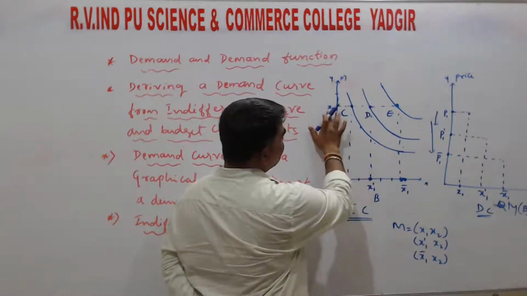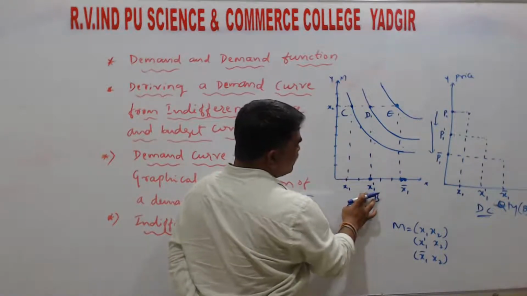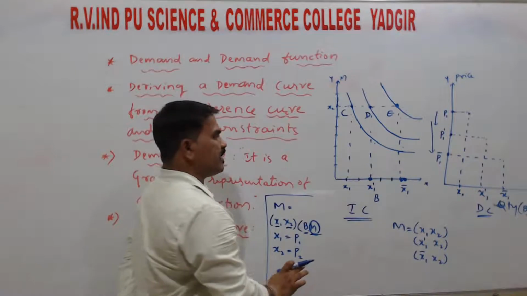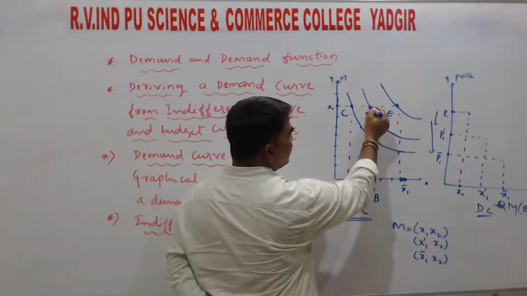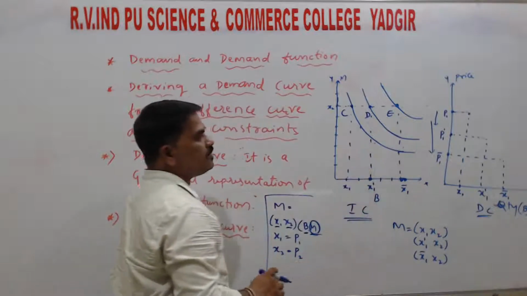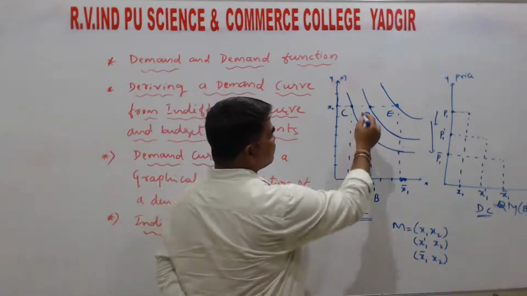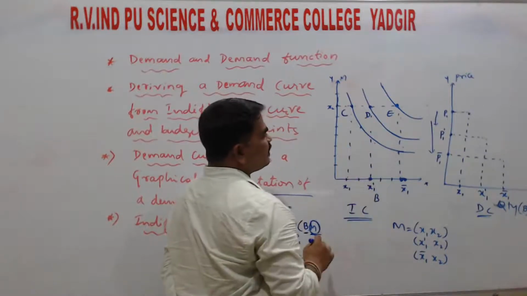The quantity of mango remains the same, but if we check the quantity of banana, there is an increase. That is why he will go with this bundle, which gives him greater satisfaction because it is on a higher indifference curve.